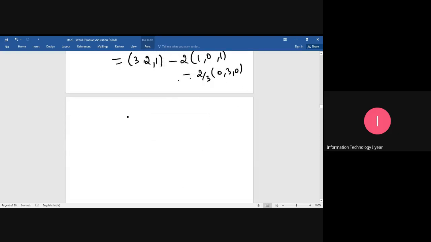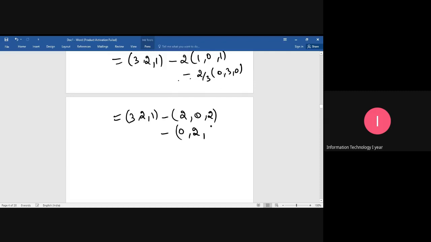This is equal to now 3, 2, 1 minus 2 multiplied with the vector 1, 0, 1, so that is 2, 0, 2, minus 2 by 3 into 0, which is 0, 2 by 3 into 3, the 3 gets cancelled, so therefore it is 2, 0, 2.